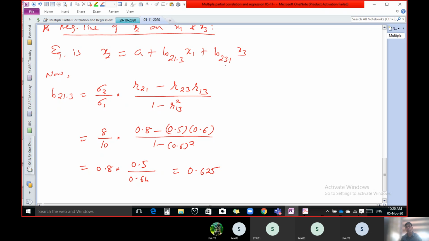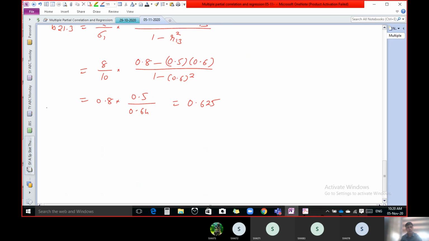And now b23.1. Please tell me the formula. Sigma 2 upon sigma 3, correct, into r23 minus r21 r31, upon 1 minus r31 whole square.